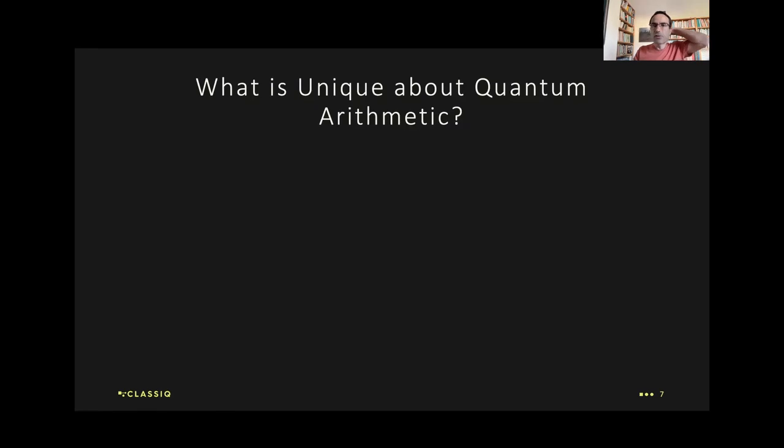What's unique about quantum arithmetic? More specifically, why is it so challenging? First of all, like everything else in quantum algorithms, it has to be unitary. It has to be reversible, and that makes it slightly different than the circuits you would do in classical computers for arithmetic.